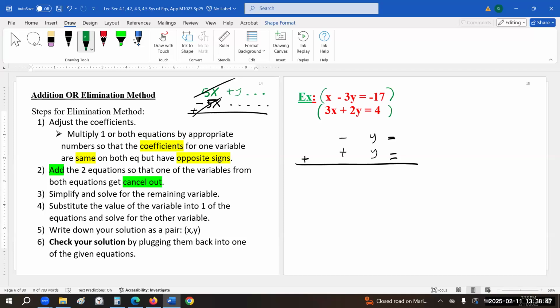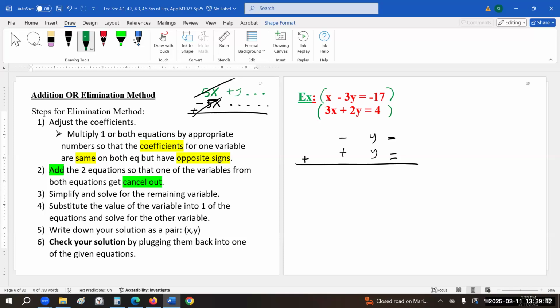If you multiply the first equation by 3, we get 3 times 3, 9. Can you multiply 2 by something so that it also turns into 9? Your idea is okay, but which one do you want to multiply, the first equation or the second equation? Right.